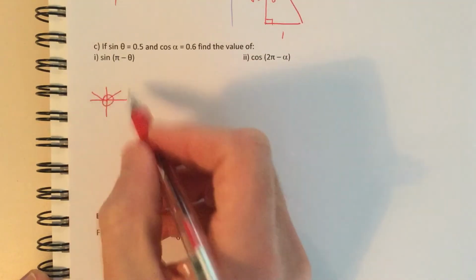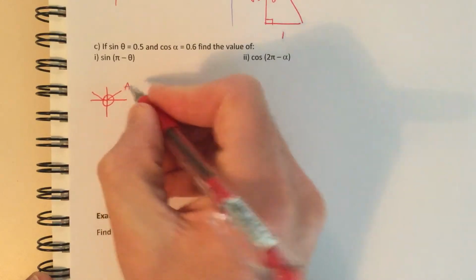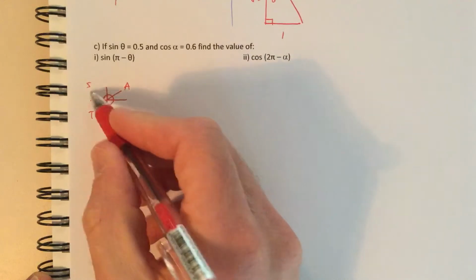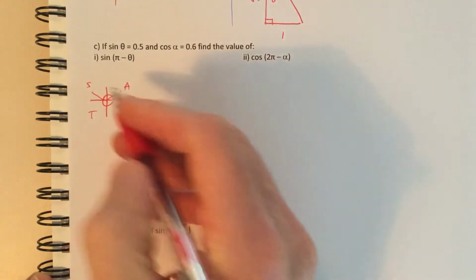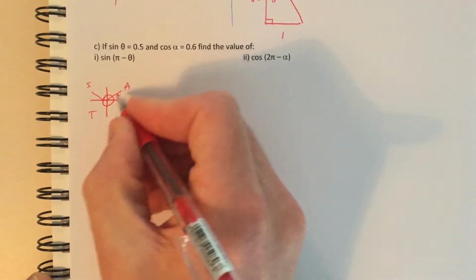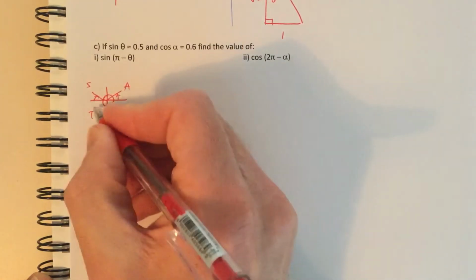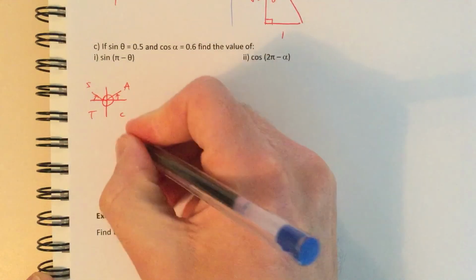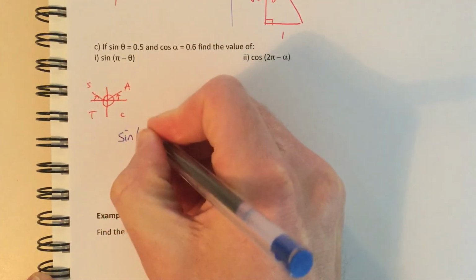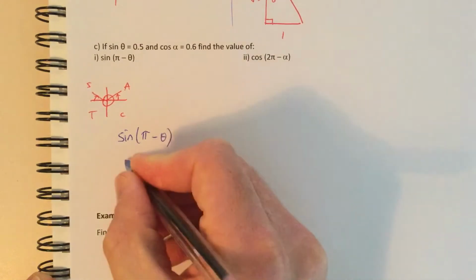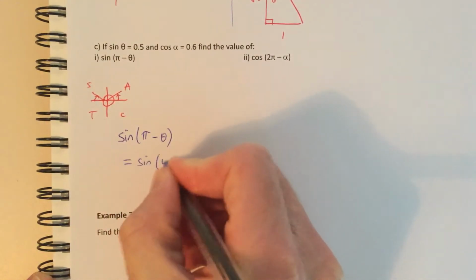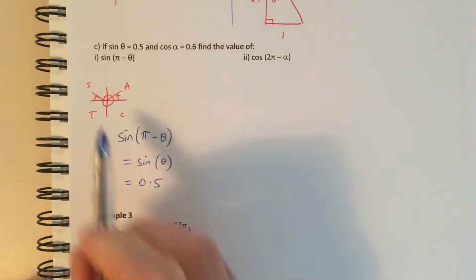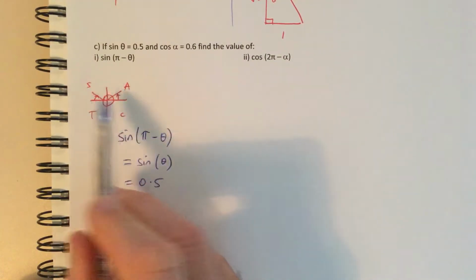Excuse that drawing, that's meant to be symmetric. And we know that in the second quadrant, sine is still positive. And by symmetry, this distance here is theta, that distance there is theta, and if my drawing was accurate, those two lines would be symmetric. Well, sine of pi minus theta will just equal sine of theta, which is 0.5, because second quadrant and first quadrant both give positive sine values.